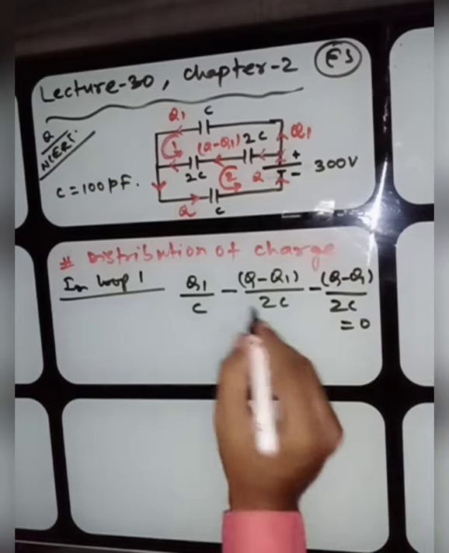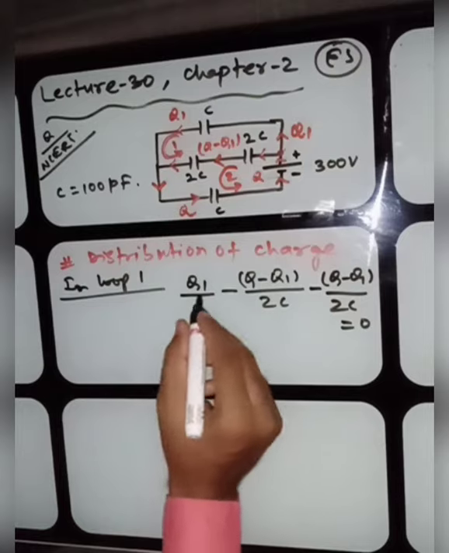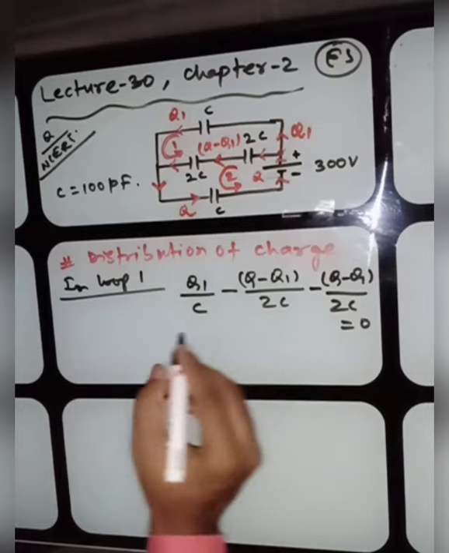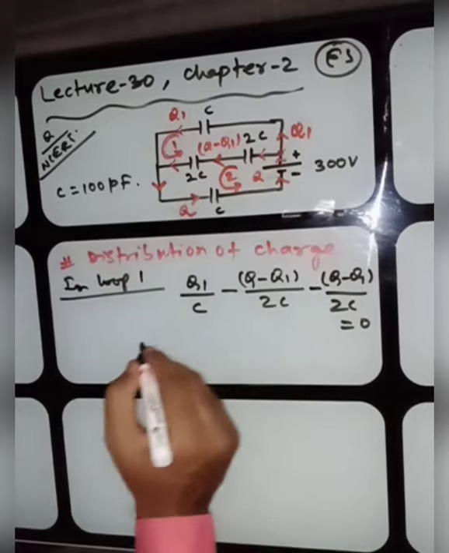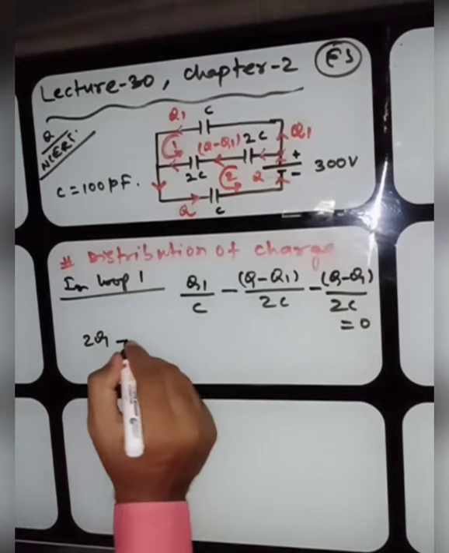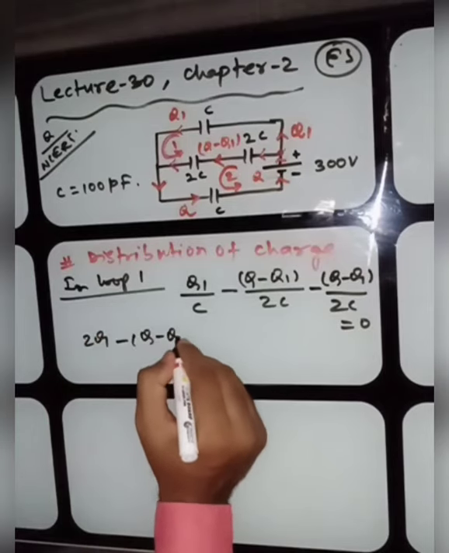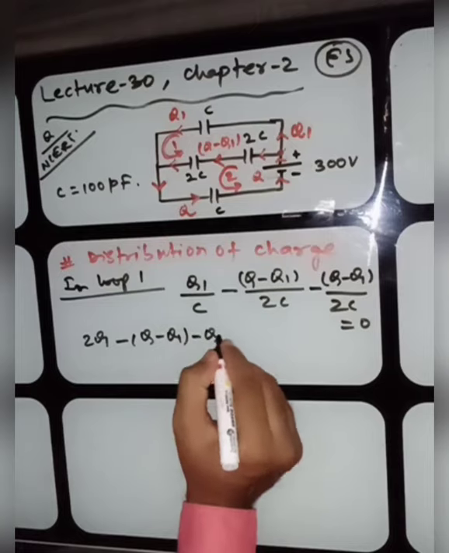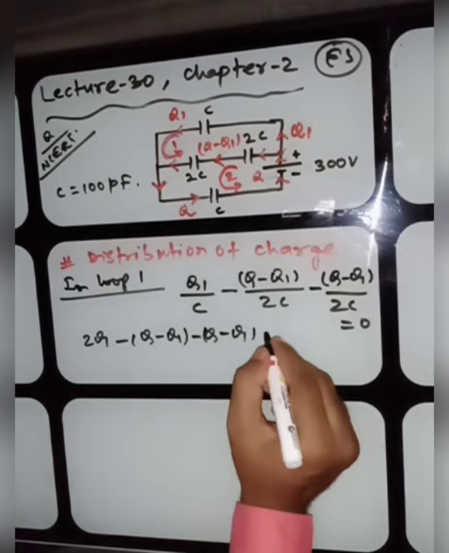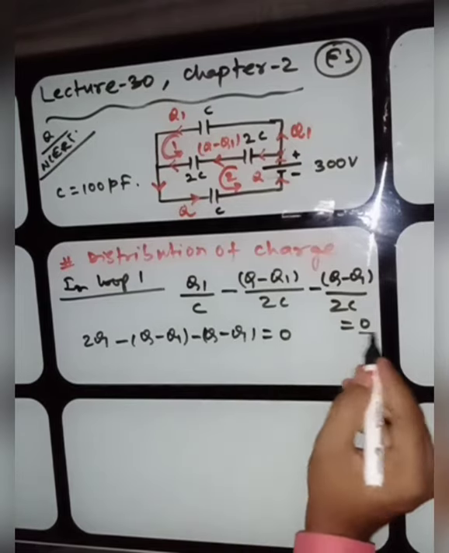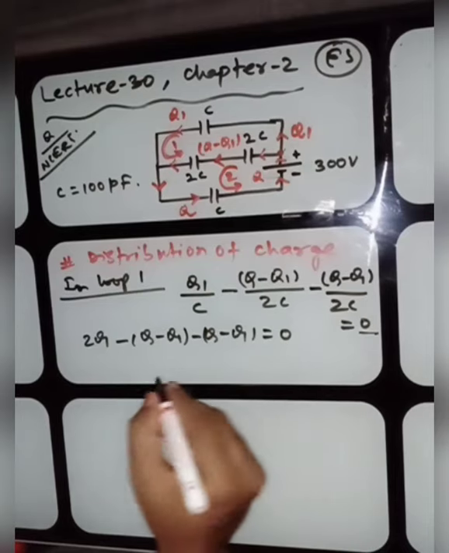You can solve this one. The LCM is 2C, so it will be 2Q1 minus Q minus Q1 minus Q minus Q1 equals 0. The LCM goes with 0, it will be 0.